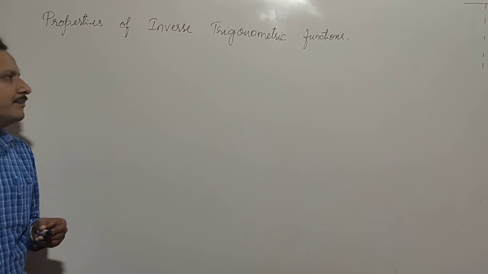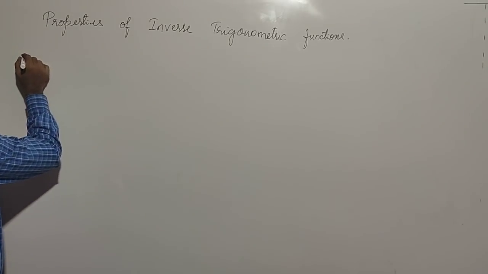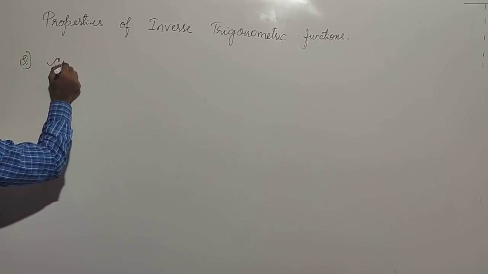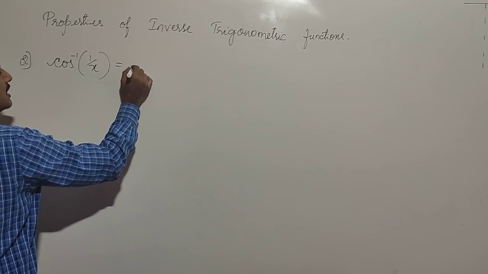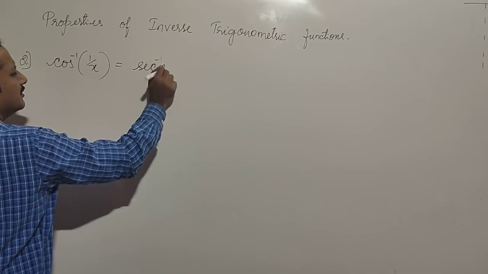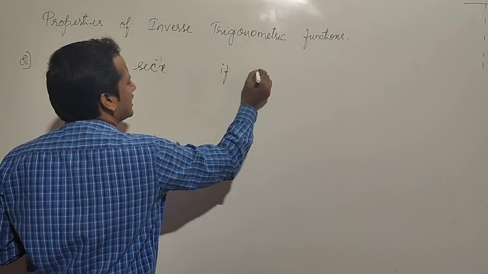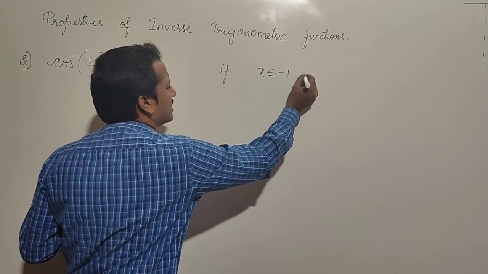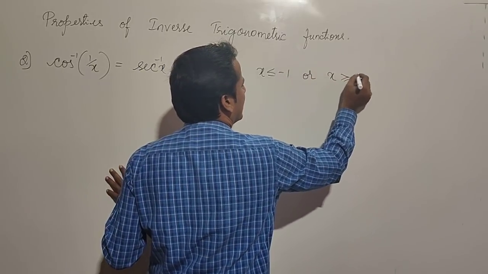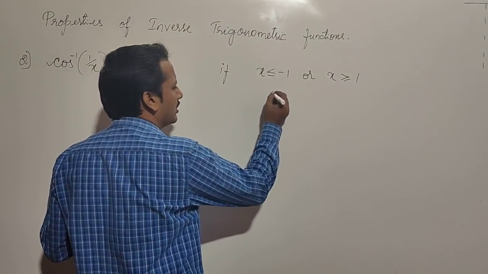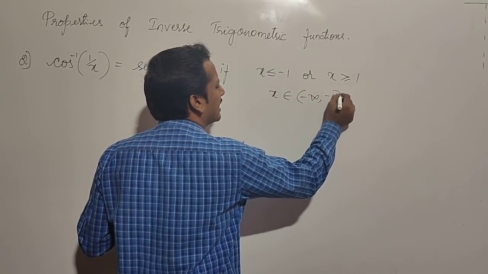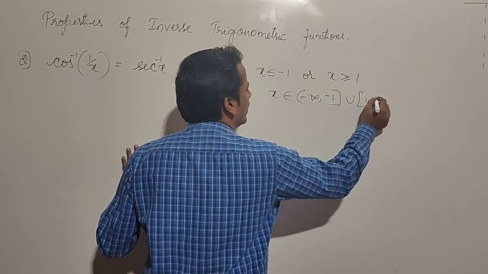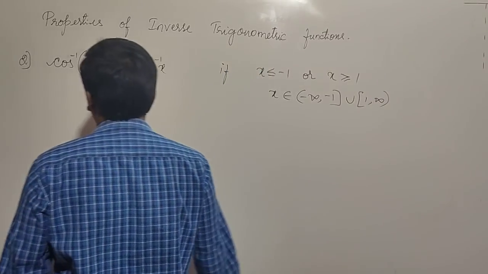Second property, that is cos inverse of 1 by x is equal to secant inverse x if x is less than or equal to -1 or x is greater than or equal to 1. Here also this can be written as x belongs to minus infinity to -1 union 1 to infinity.